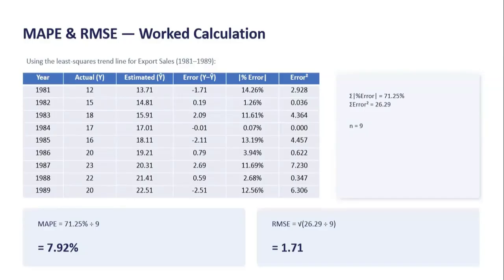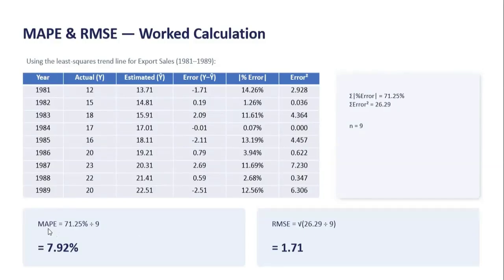Let's put numbers on it using our export sales example from part 1, the last video. For every year, we already know the actual value and the estimated value from our trend line. Subtract them and we get the error term. Take the error as a percentage of the actual value, like minus 1.71 divided by 12 into 100, and take the modulus value of it, which gives you 14.26 percent, and likewise for the rest, and average all 9 years.